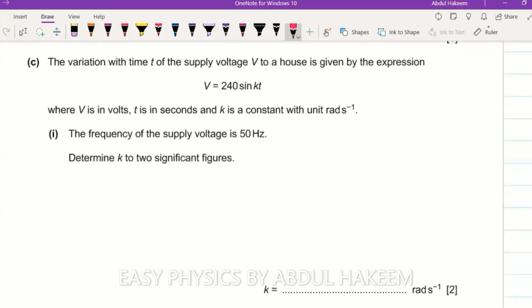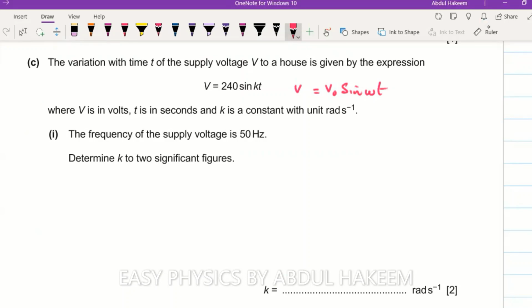And the next is V is equal to this. The variation with time t of the supply voltage to a house is given by the expression V is equal to 240 sine kt. So it's similar to V is equal to V naught sine omega t, where V is in volts, t is in seconds, k is the constant with units radians per second, meaning this is omega.